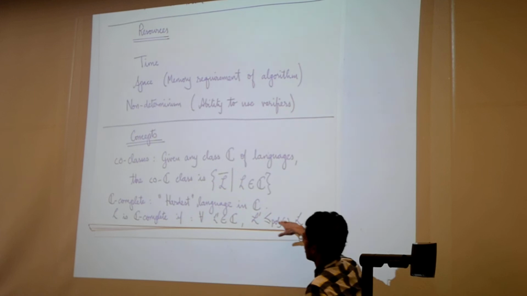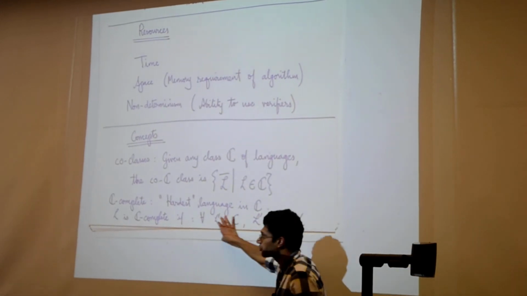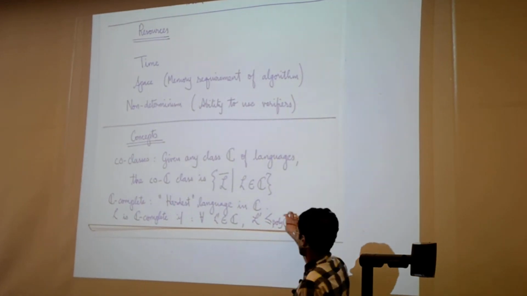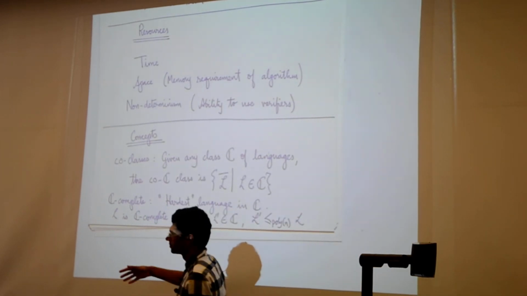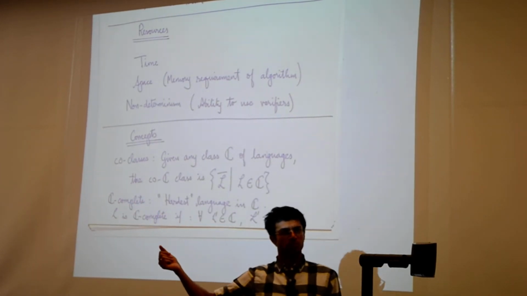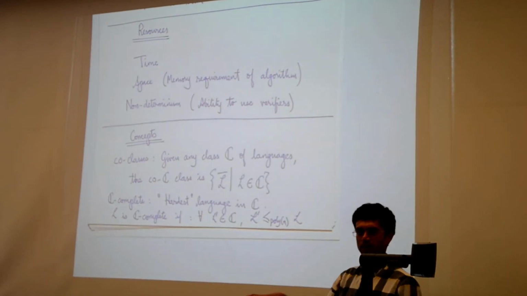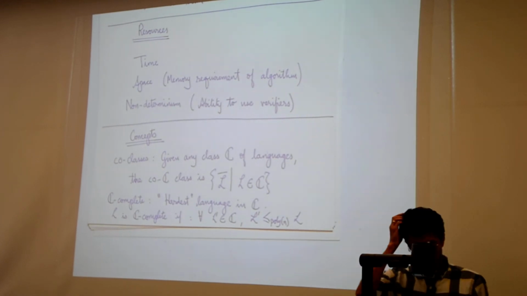And that's the reason this is the hardest language: if you can solve L, then you can solve everything in this class. Does that make sense? So this is the hardest, and we'll often, for every class, try to come up with some sort of canonically hard problem. That sort of describes what's happening in that class. So far, so good? Okay?